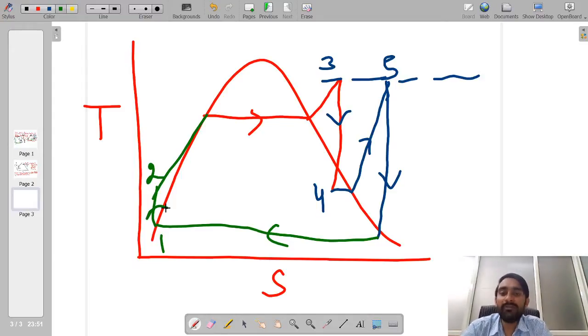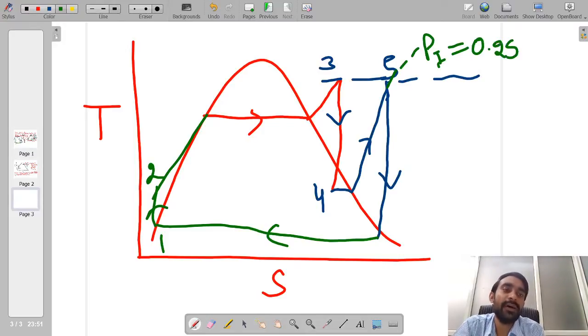Now one more point I would like to highlight: in an ideal reheat cycle, whatever intermediate pressure Pi I have taken here, it is taken as 0.25 times the pressure of the boiler.